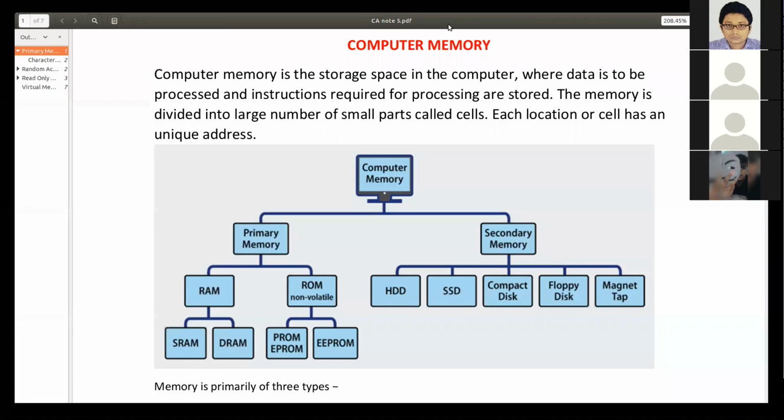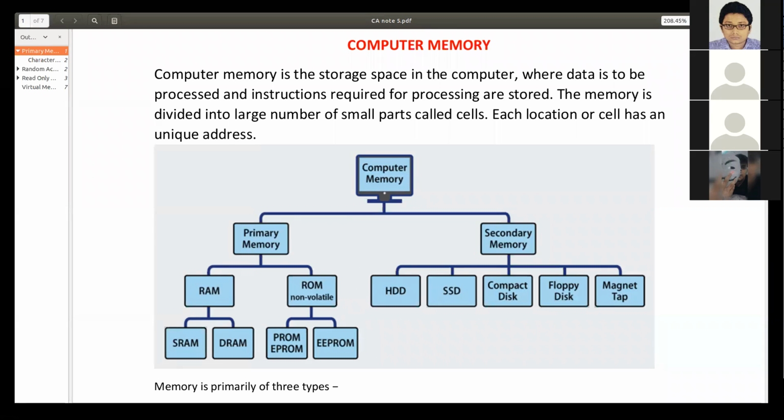And there is another type like EEPROM, that is Electrically Erasable Programmable Read-Only Memory. So there are several kinds of ROM as well. We will go through those also. So these are the basic types of RAM and ROM, which fall under the primary memory.